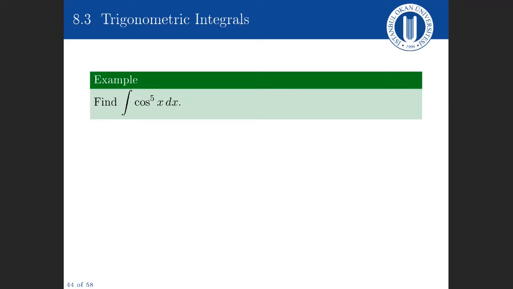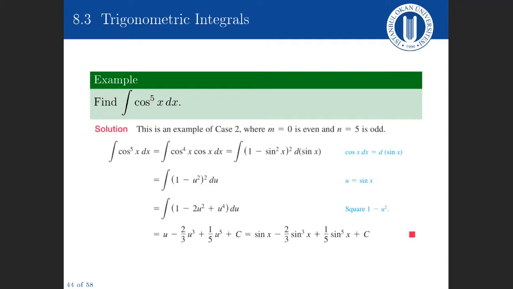Find the integral of cos to the power 5 x. Same trick. We have a 5 here. We're going to think of this as 4 plus 1. So we think that we have cos to the power 4 x and then another cos x dx.